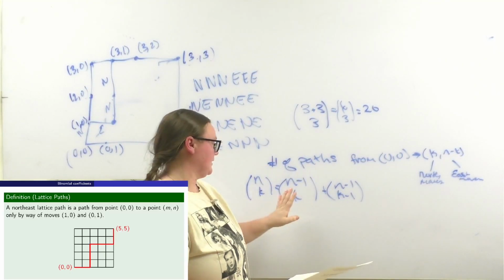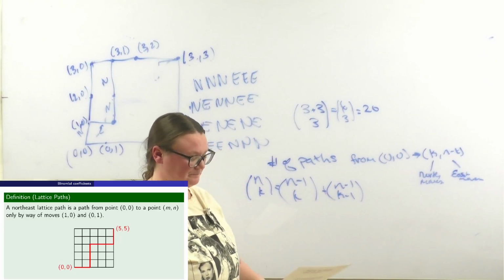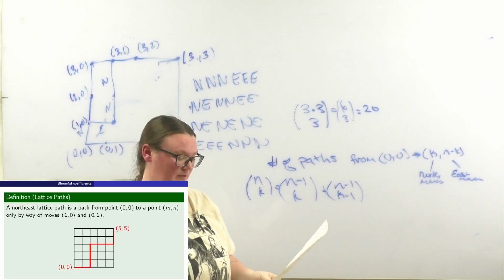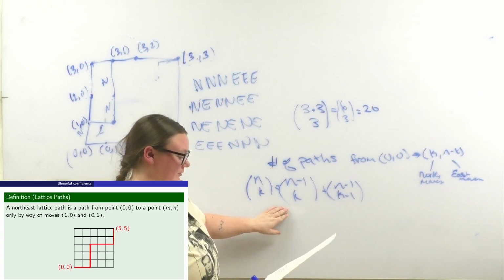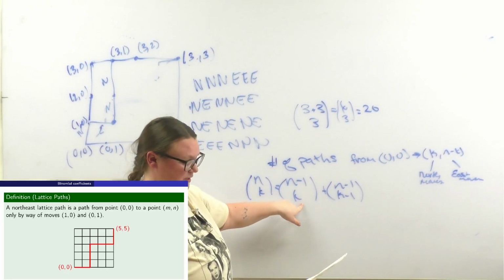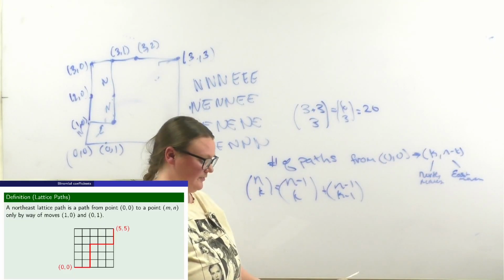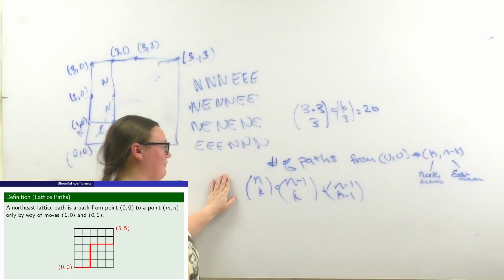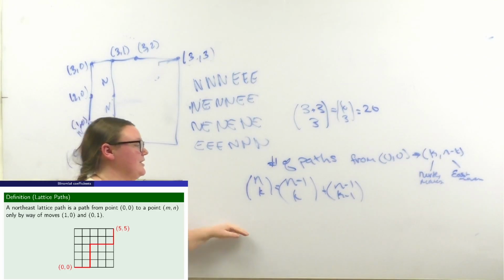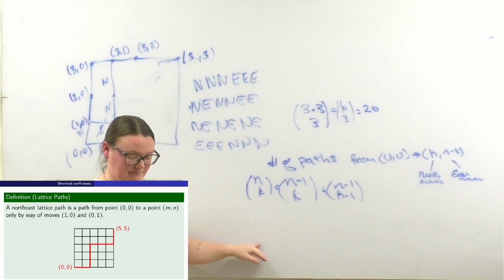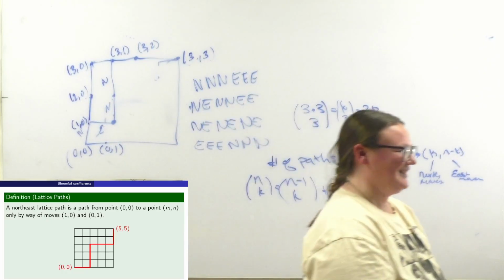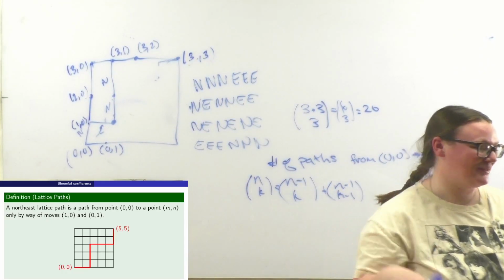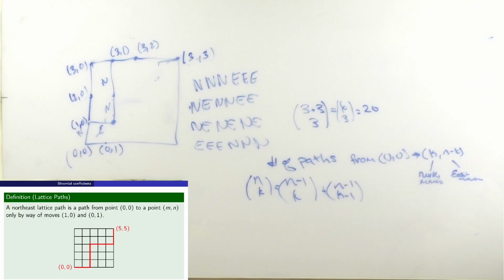But if we want to start with a move north, then we have n minus 1 moves left, but we still have k options to go east. So that's where we get this one, and therefore we can figure out our last paths using Pascal's identity. Woohoo! That was really exciting.